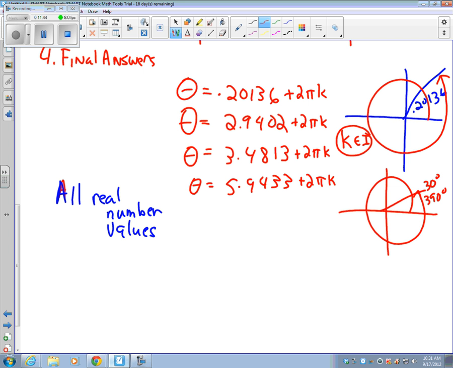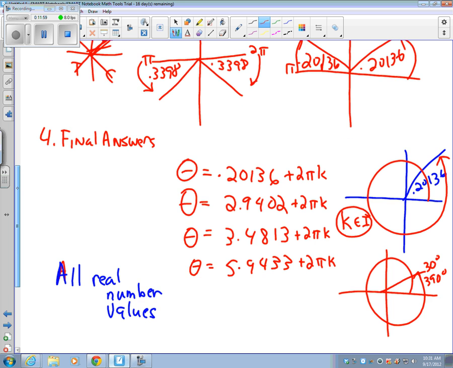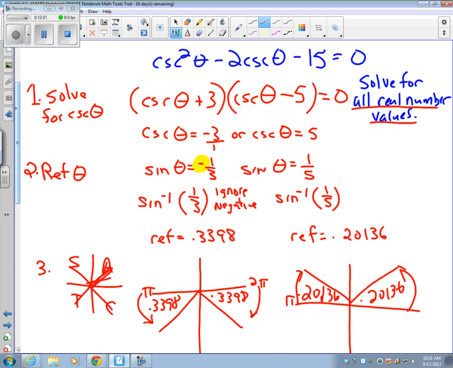You're adding 2 pi k. So here's the question people often ask. When do I do it? How do I know? Well, today, because of today's assignment, but how will I know otherwise? As long as I don't give you a span at the beginning, like 0 to 2 pi or 0 to 360, if you don't see that in there, that means I want them all.